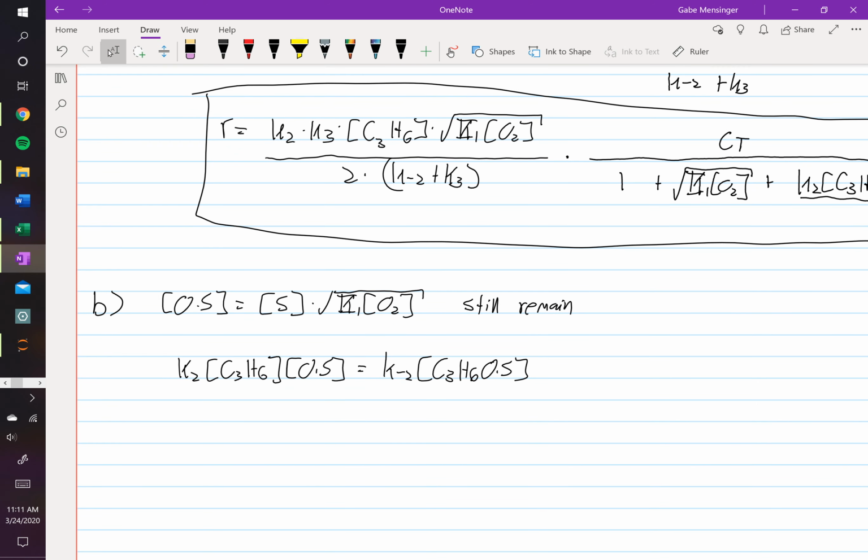So, solving for what we don't know yet, we can say C3H6O*S is equal to capital K2 times C3H6 times O*S, which is equal to, my handwriting deteriorates the more I do these mechanisms, I'm sorry.